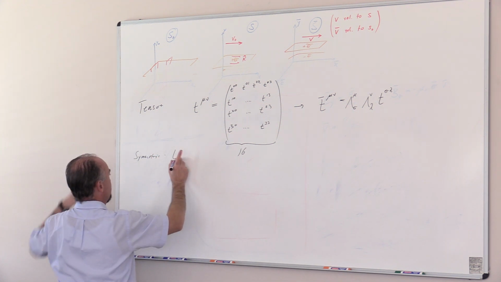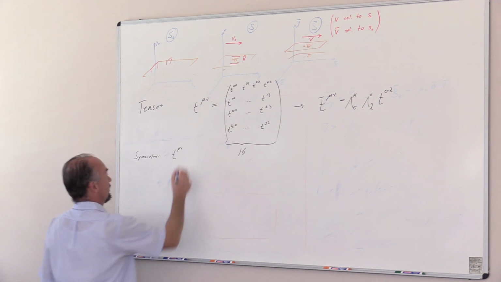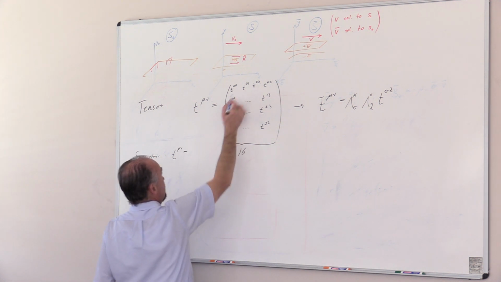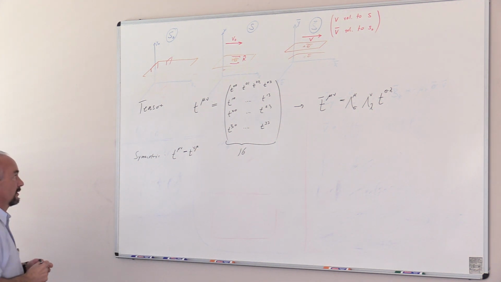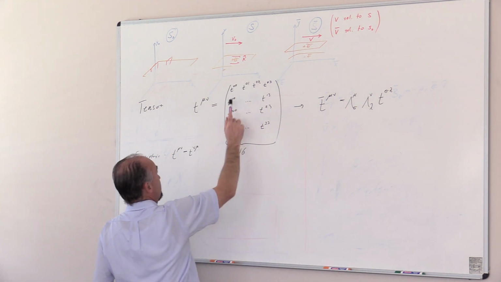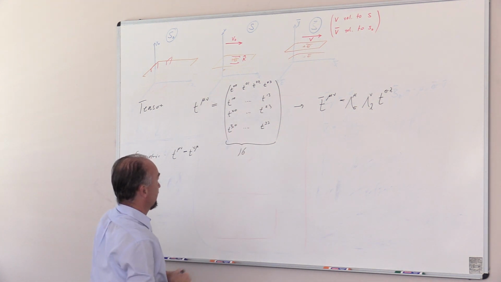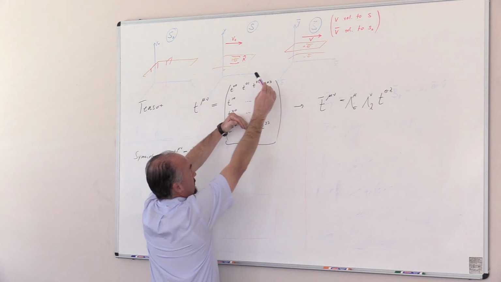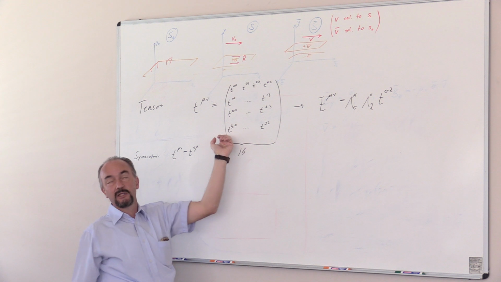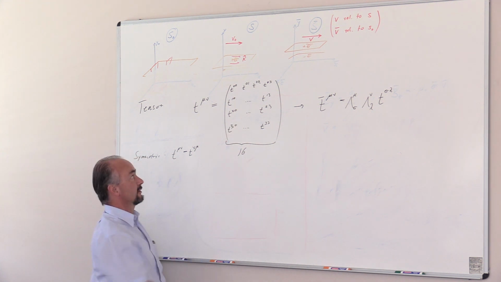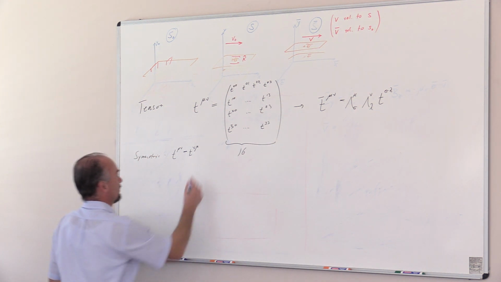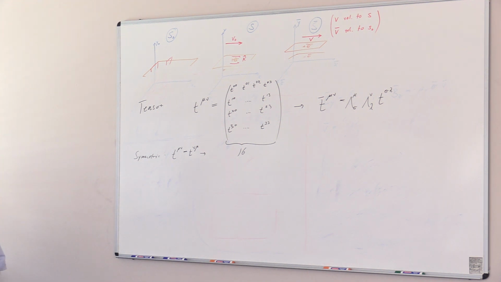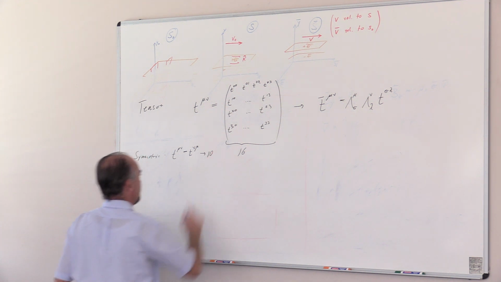That means if we swap the indices μ and ν, we get the same T. So this equals that equals that. Independent entries are essentially just in, say, the upper half. The lower left is then just a mirror. So we have 4 plus 3 plus 2 plus 1, which is 10, right? It's still too many.